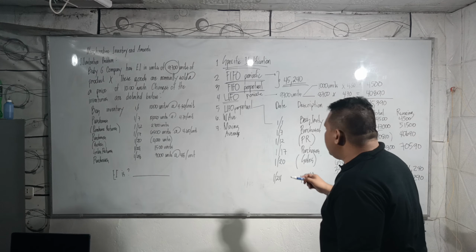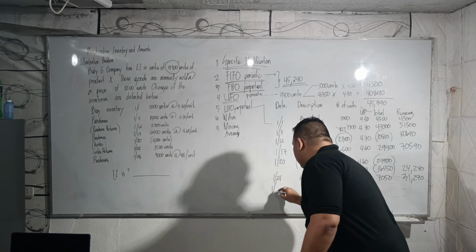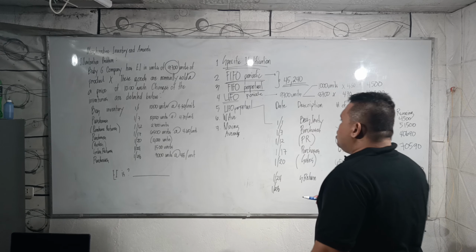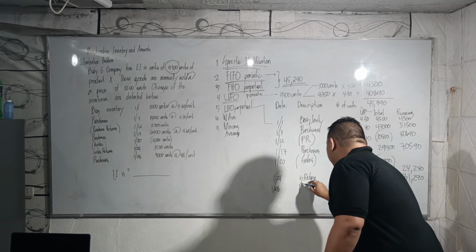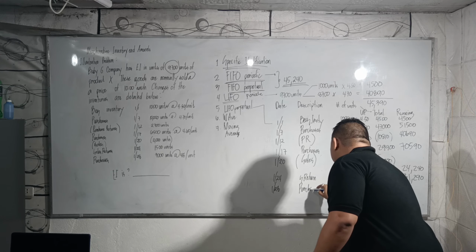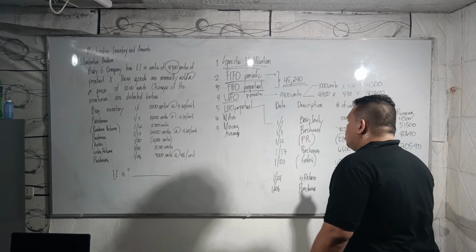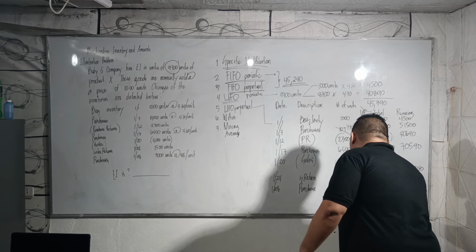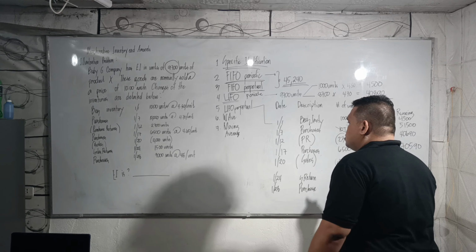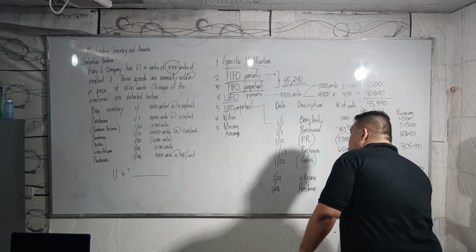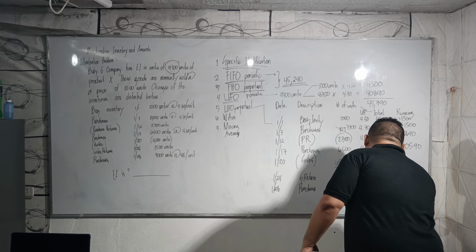And lastly, we have a transaction on 128. On 128, there is a purchase of 3,000 at 4.8.